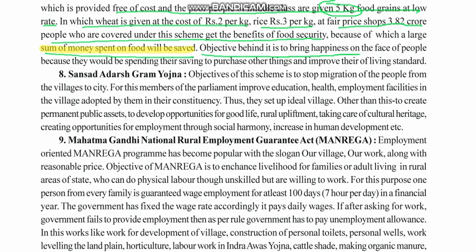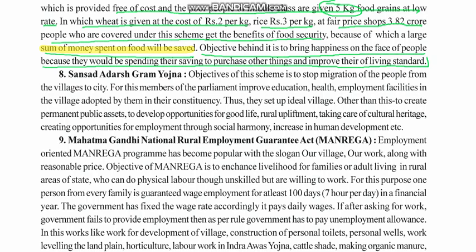Objective behind is to bring happiness on the face of the people, because they would spend their saving to purchase other things and improve their living standard. So this way they can spend the money which are supposed to be spent on the food on the other things like the education of the children, or better facilities can be created to improve the living standard of the people.